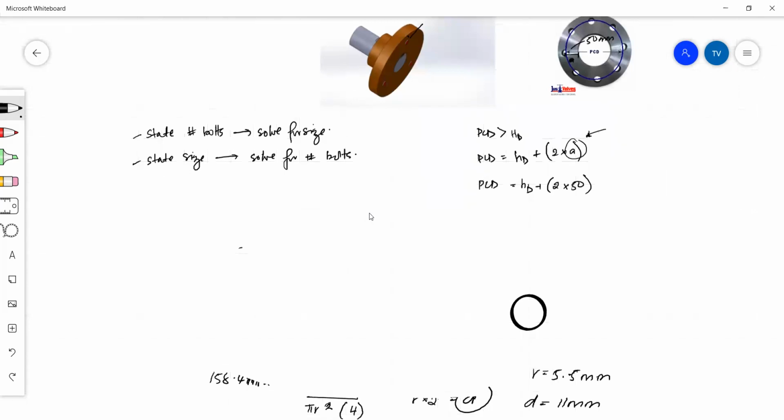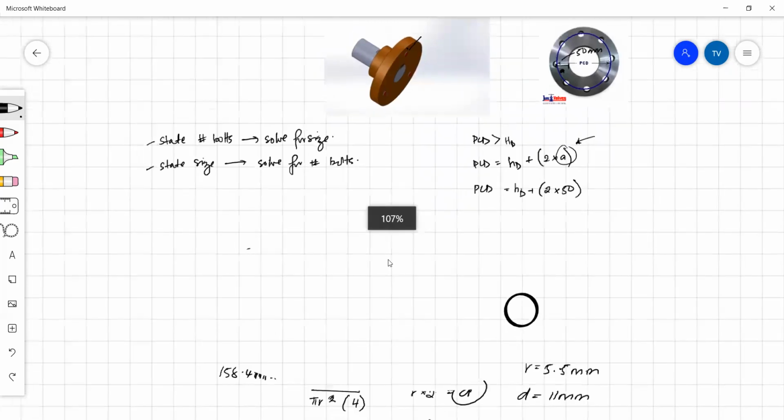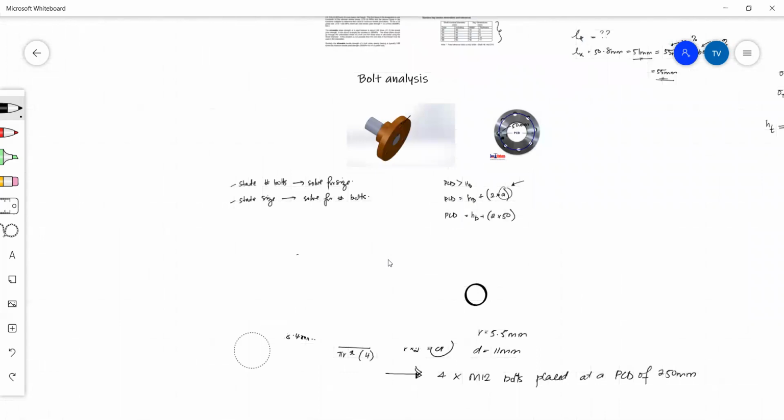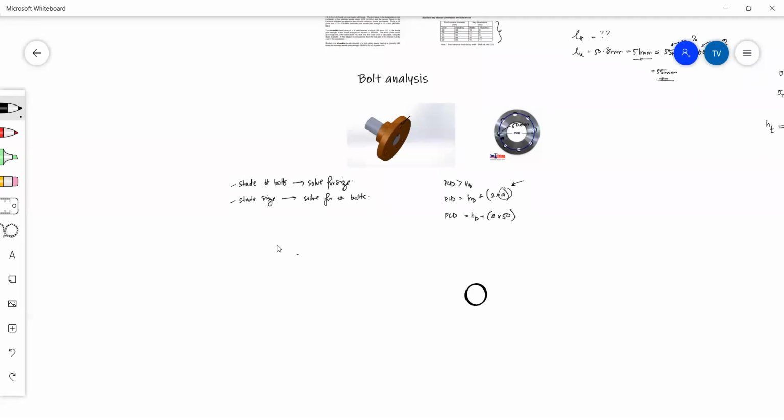Now again, before you can jump into this, you have to first calculate the force that you'll be exerting. And your force is dependent on your PCD. So torque is equal to force times distance.